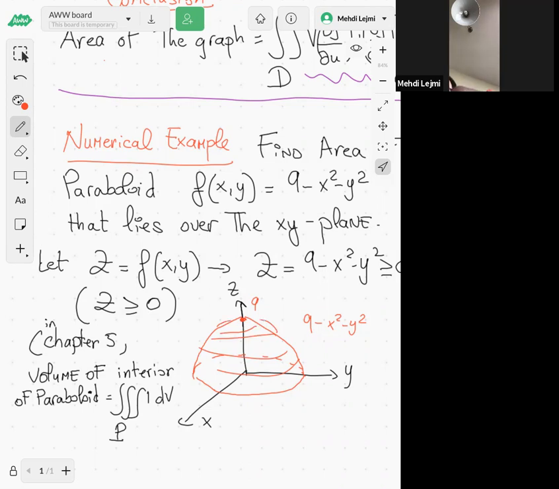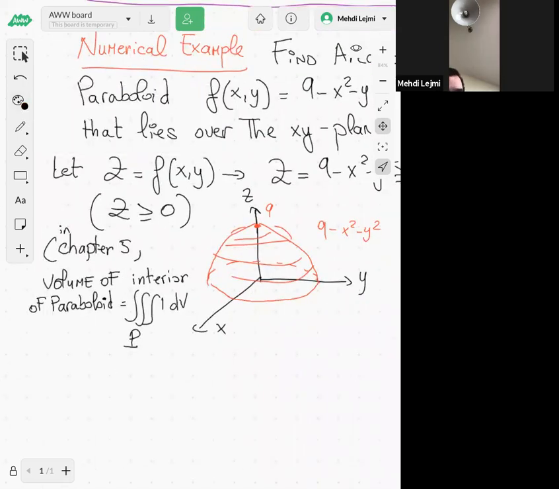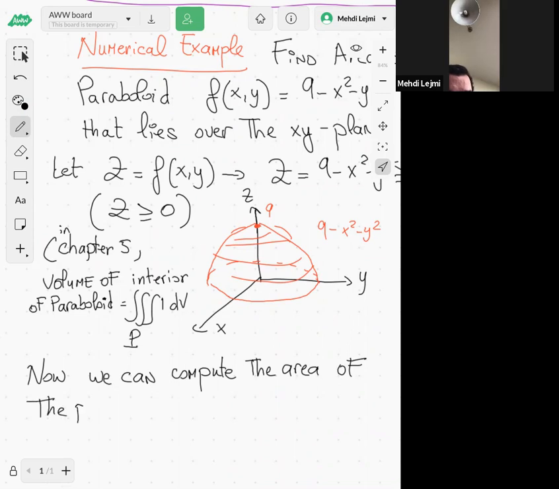So now we can compute the area of the boundary of this solid, so the paraboloid itself. Okay, so these are two different things, right?